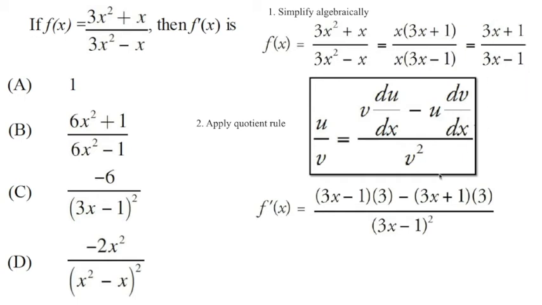The x's disappear when we take the derivative, and we get 3 again, divided by 3x minus 1 squared, or the denominator squared. And let's leave this alone for now.